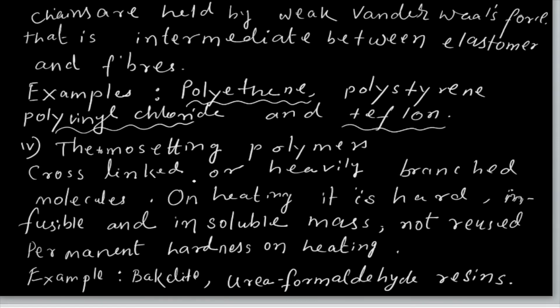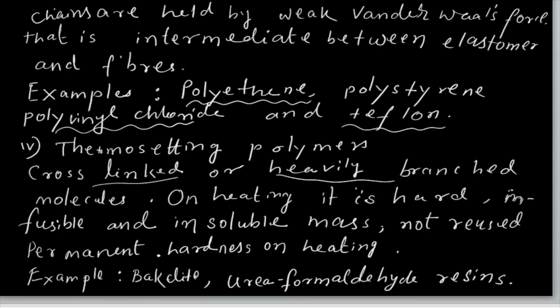Thermosetting polymers are cross-linked or heavily branched. Now see, thermoplastic polymers have light branching or a linear structure, while thermosetting polymers are heavily branched or cross-linked. So on heating they become hard immediately. A comb is an example: when you heat it, it becomes hard immediately. It becomes an infusible, insoluble mass, and it cannot be reused.